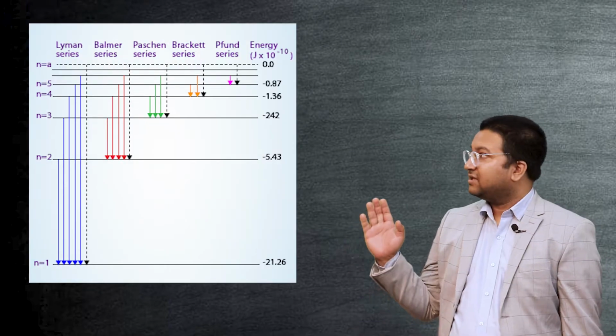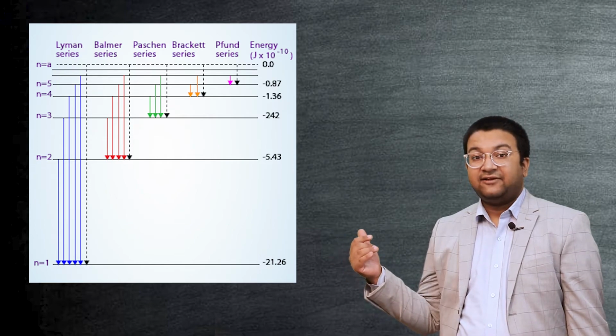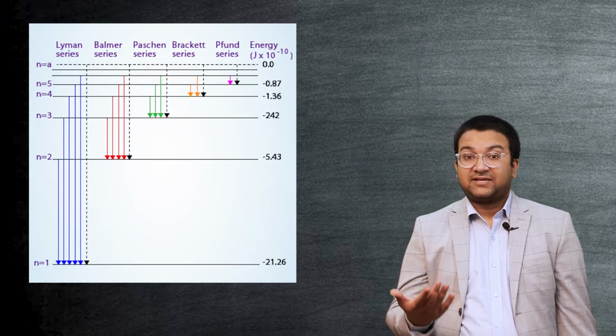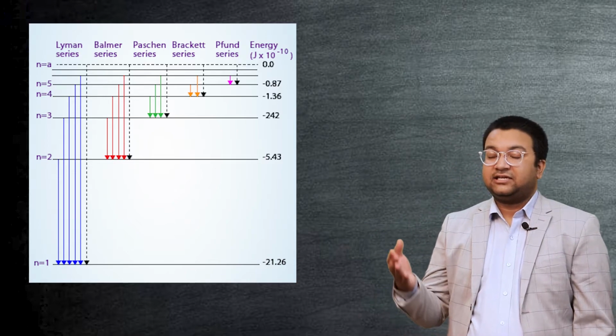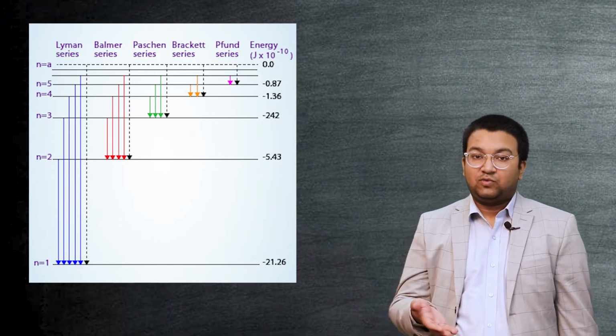Based on this formula, we have different series of transitions. For example, we have 5 different series: the Lyman series, Balmer series, Paschen series, Brackett series, and Pfund series. The Lyman series is the series of spectrum which occurs when an electron transitions from any higher energy level to n equal to 1.